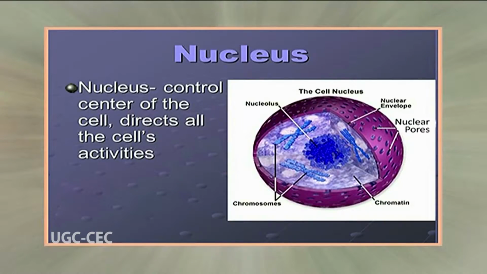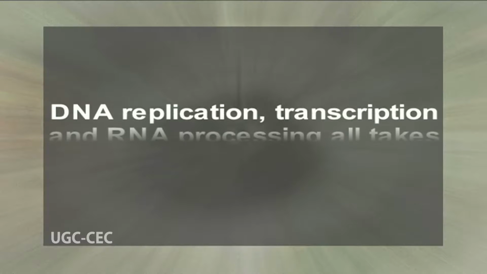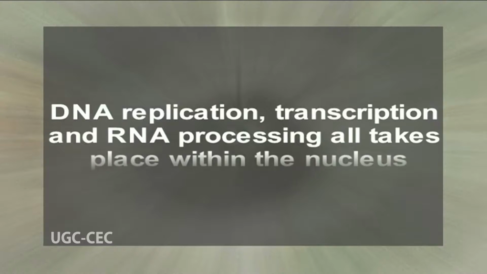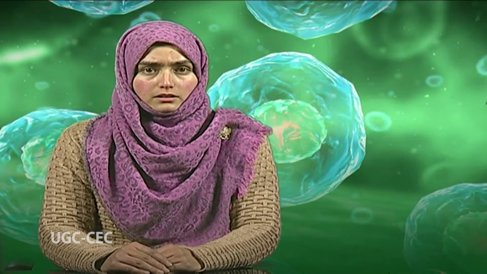By housing the cell's genome, the nucleus serves both as the repository of genetic information and as the cell's control center. DNA replication, transcription, and RNA processing all take place within the nucleus, with only the final stage of gene expression, that is translation, localized to the cytoplasm.